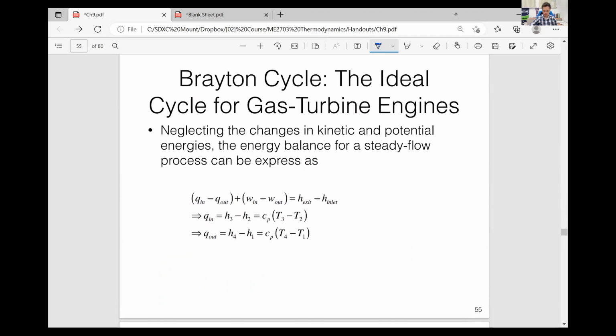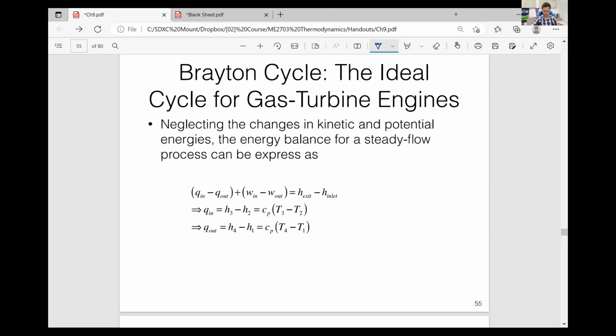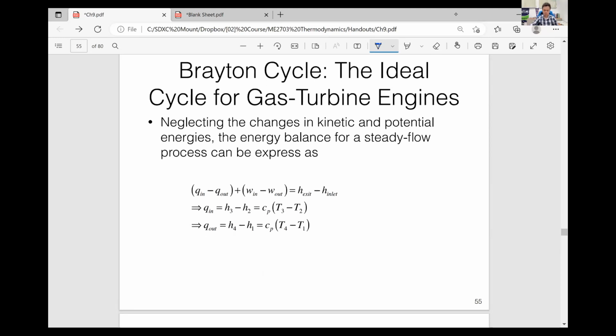Again, we need to do the energy analysis, or the efficiency analysis, of this cycle. For the Brayton cycle, of course, we are neglecting the kinetic energy change and potential energy change, and we can apply the energy balance for a steady flow process or device.